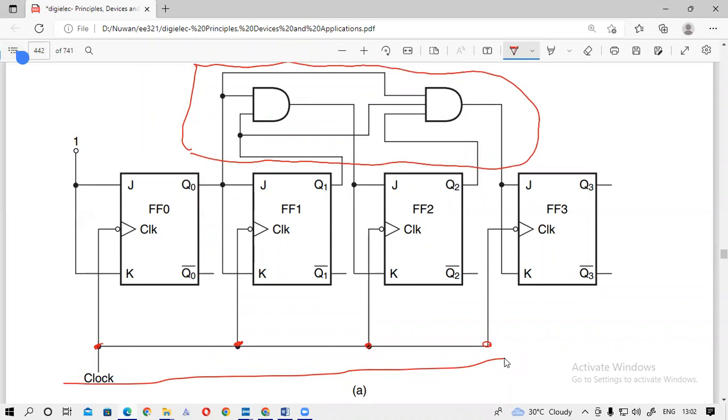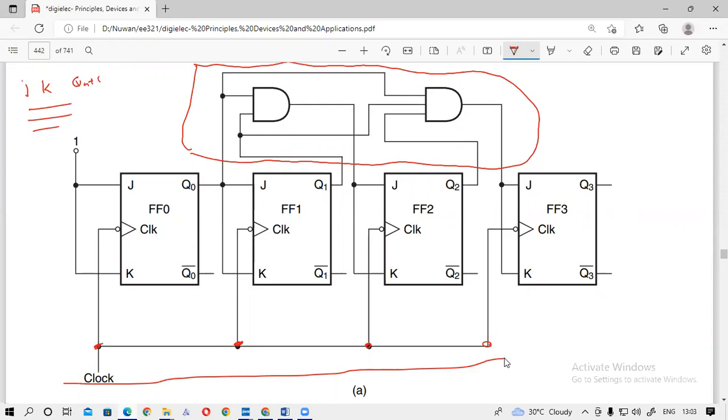I think you can understand this one by yourself. Please try to do this one by yourself, and I will explain it anyhow, but don't wait until my explanation. It is very simple. Again you have to consider the JK function table.